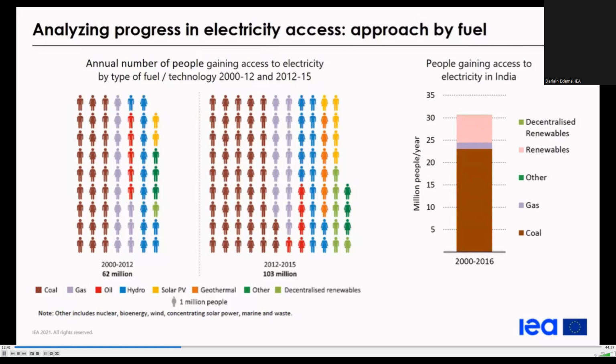So this is also some interesting analysis we can do, looking behind the number of people gaining access. What is the technology to provide it, and what is the fuel, the source of energy to generate those electrons?